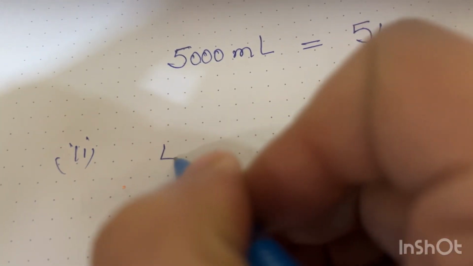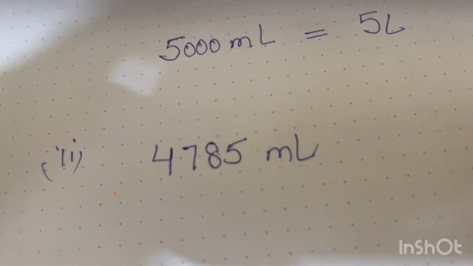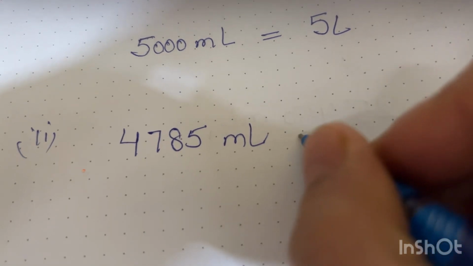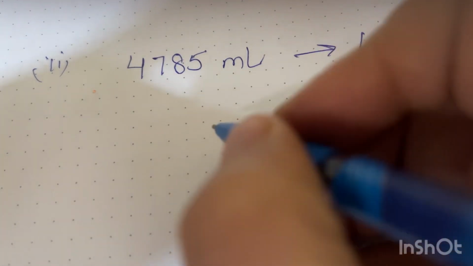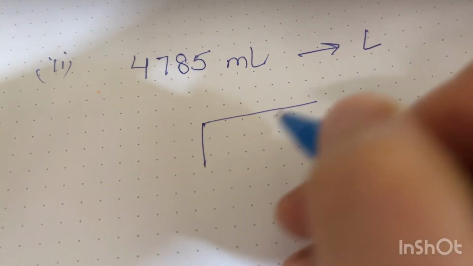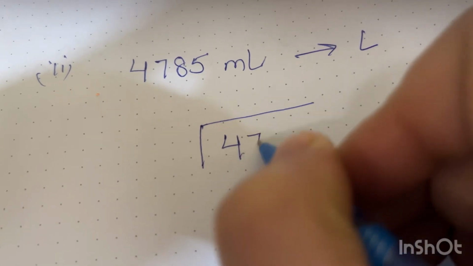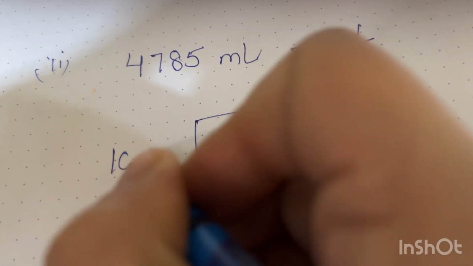I'm taking the number 4785 milliliters, and we are going to convert this into liters. So how are we going to do this? Let us divide this. We put 4785 as dividend and 1000 as divisor.